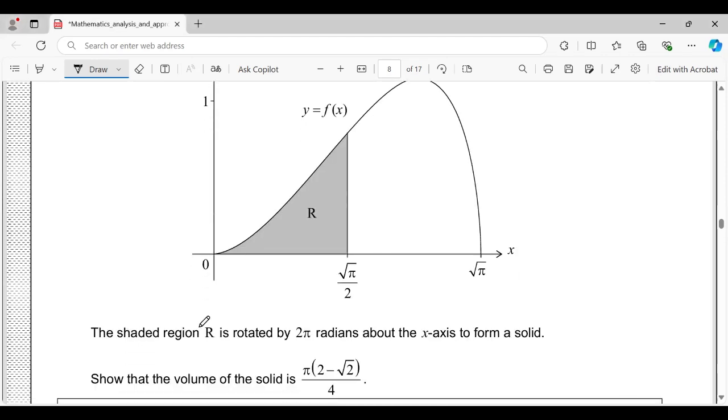The shaded region R is rotated by 2 pi radians about the x-axis to form a solid. Show that the volume of the solid is pi times 2 minus square root 2 over 4.